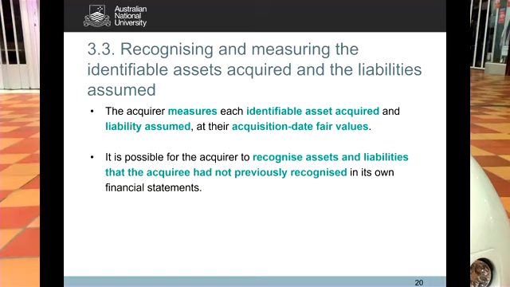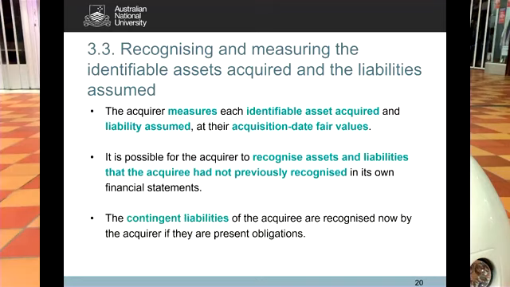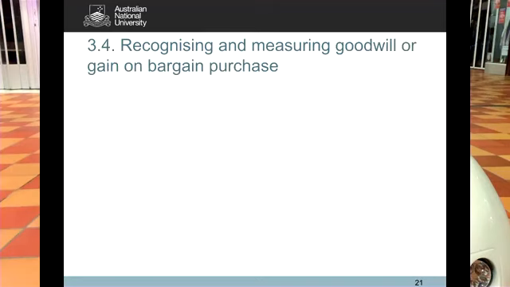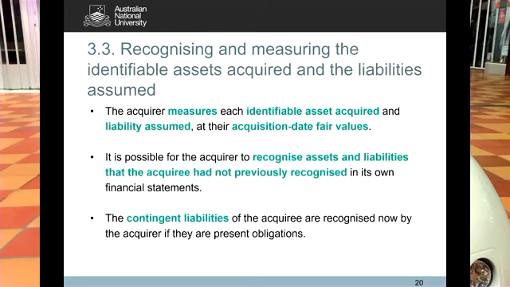It's possible for the acquirer to recognize assets and liability that the acquiree has not previously recognized. So in their own financial statement, they didn't recognize it, but during the combination, they probably have a more reliable measurement, then they would recognize it and they need to assess the fair value of that. Yes, like I said, contingent liability, right?